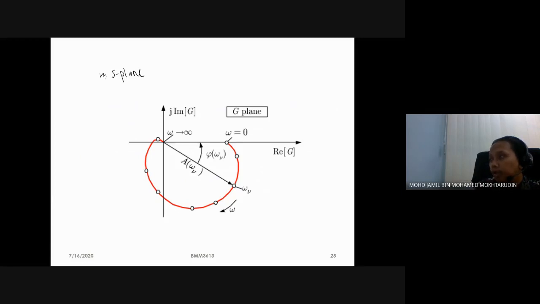So in Bode plot, you plot the graph in logarithmic plot. But for Nyquist plot, you plot them in the s plane. And for Nyquist plot, the shape will be like a seashell, circle or whirlpool. It will keep rotating until reaching maybe the center here.